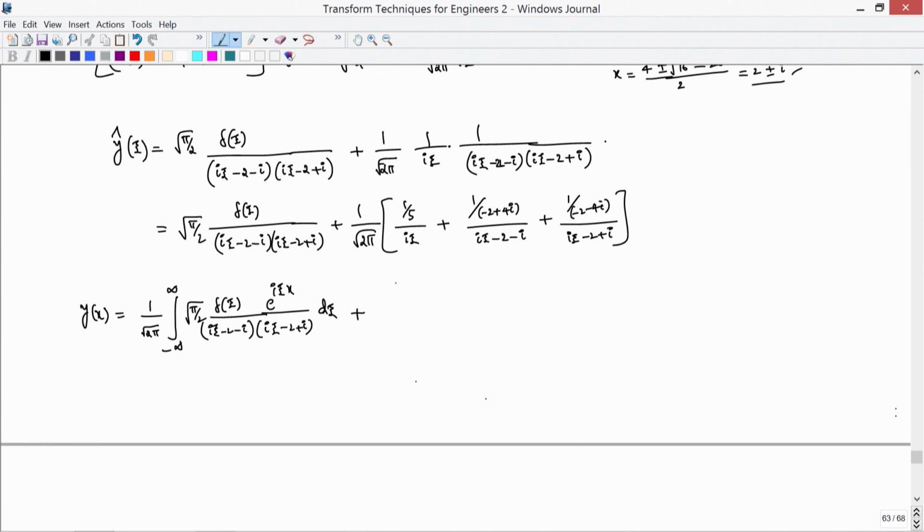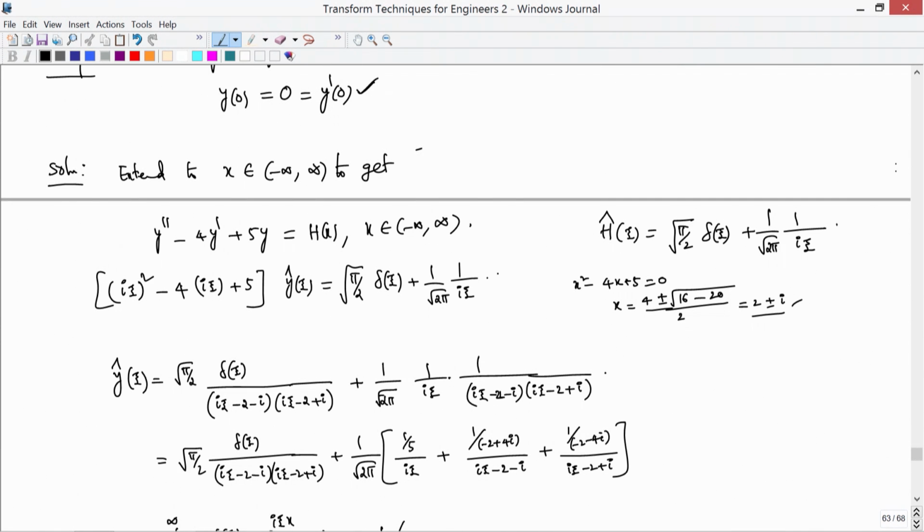For the other integral, 1 over 5 comes out, and the remaining is 1 by root 2 pi i xi, with e power i xi x. So, for this, if you want the inverse transform of this: what is the inverse transform of this?